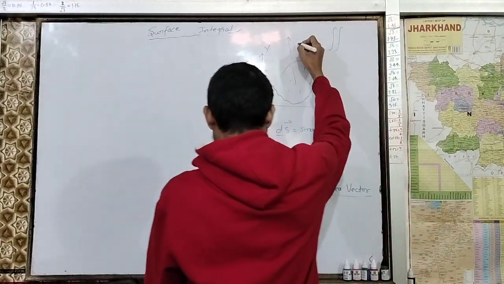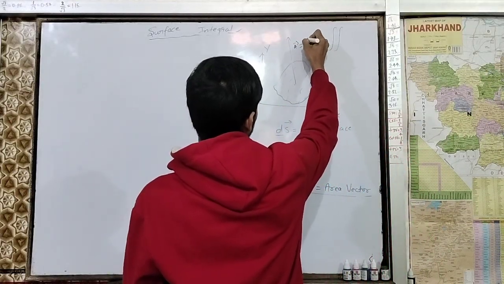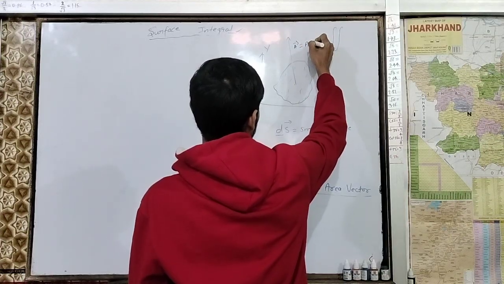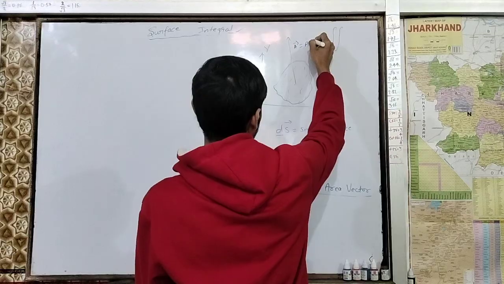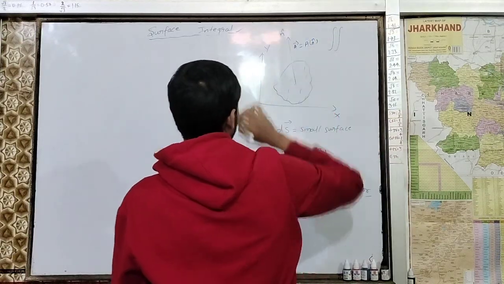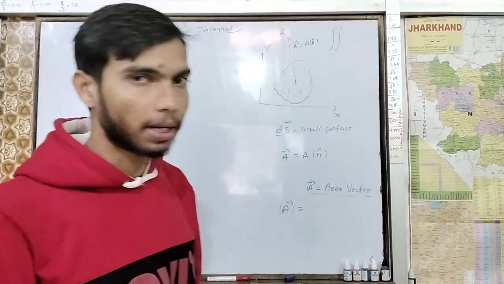We can say this is a vector, so it will be equal to the magnitude of the vector and n cap, which is for direction. The work of this vector is to provide the direction.